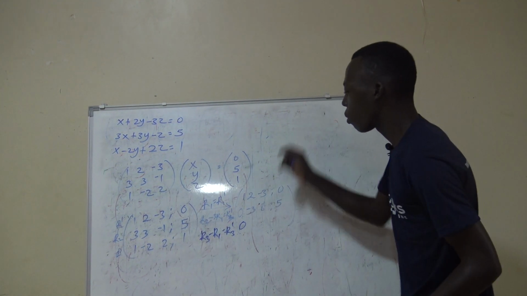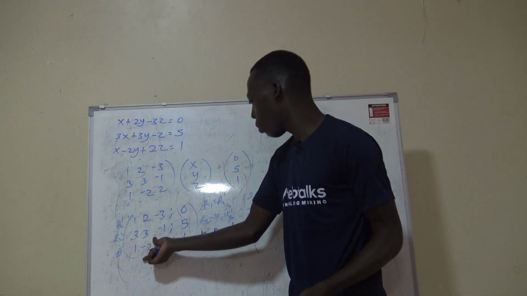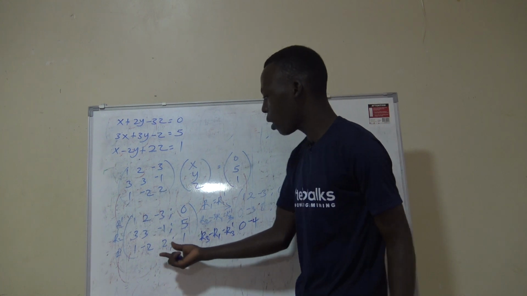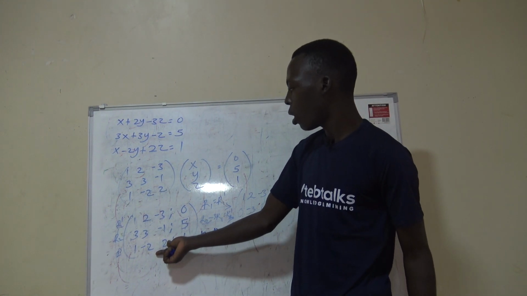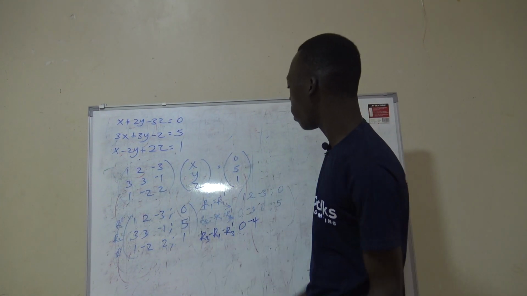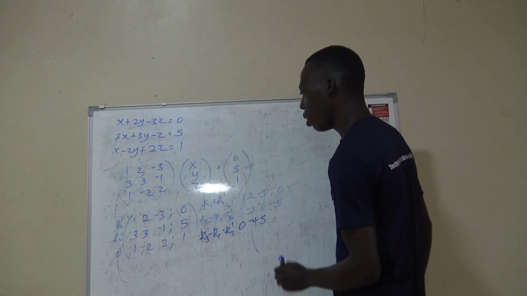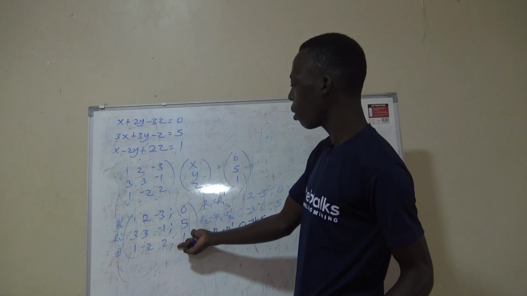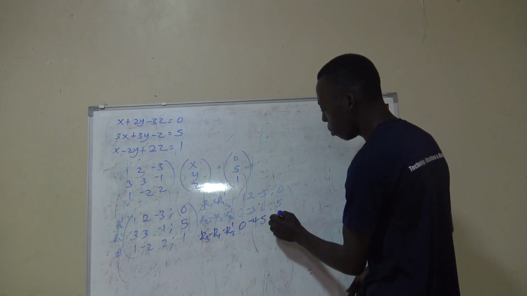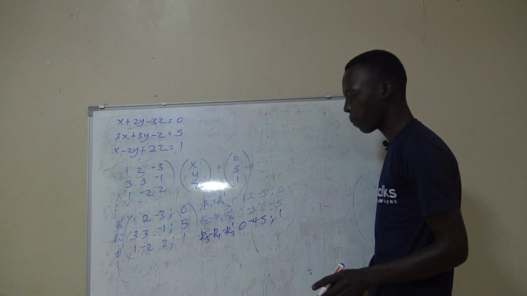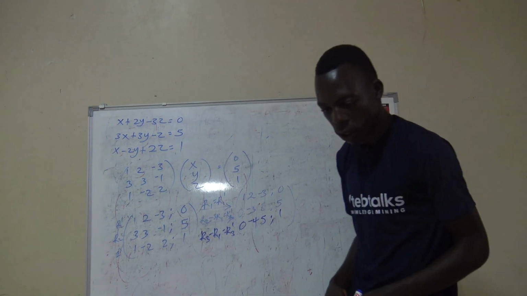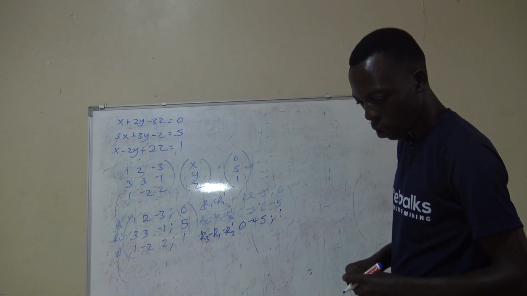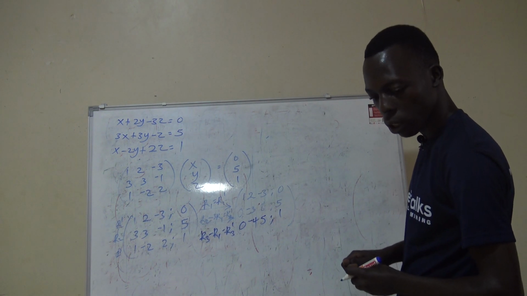Negative 2 minus 2, which is negative 4. Then 2 plus 3 becomes 5. Then 1 minus 0 becomes 1. So that is what we have to do on this one.